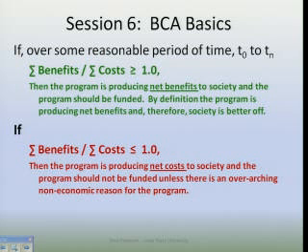by funding the program. Now, I'm going to back us up just to the last lecture. We know that we could calculate a benefit-cost ratio relative to tobacco consumption in the United States that is way greater than 1. We know that.